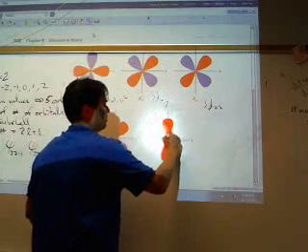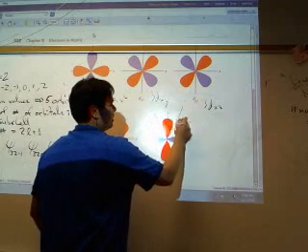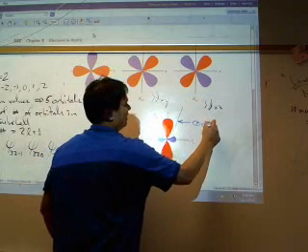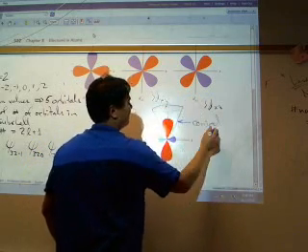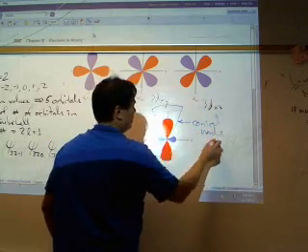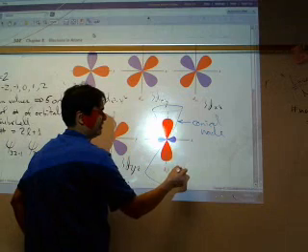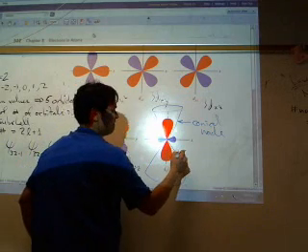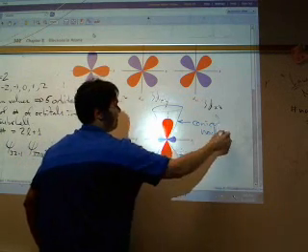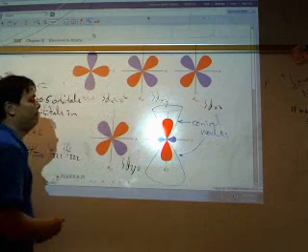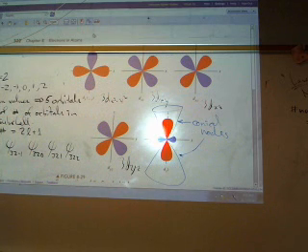It's a cone-shaped node. This is called a conical node. We have 2 conical nodes, one going up, one going down. So conical nodes, exactly. And so that's how we get 3 lobes there.